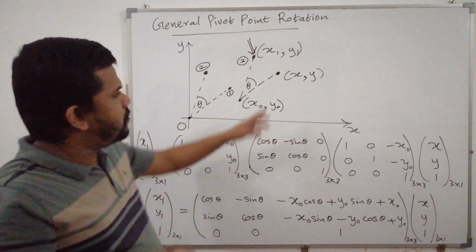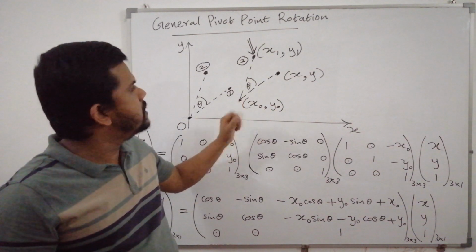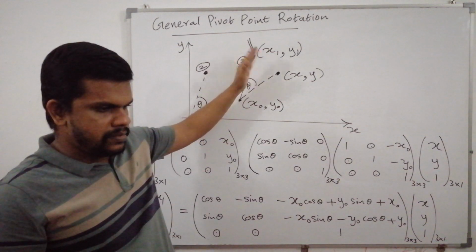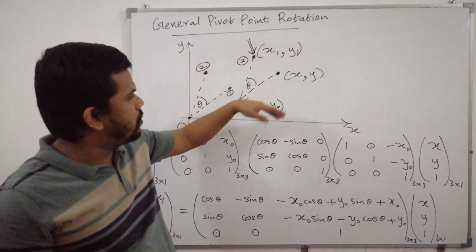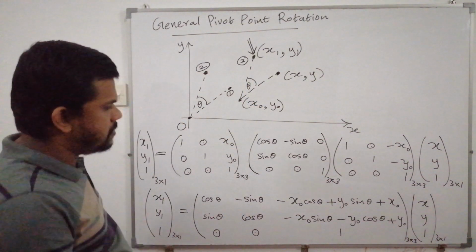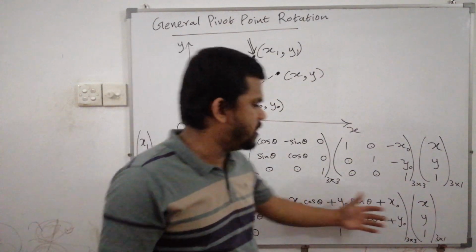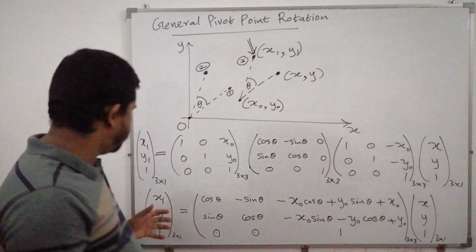So if this point rotates around this point by an angle of theta in anticlockwise order, then we can use this matrix to transform this matrix to this one.